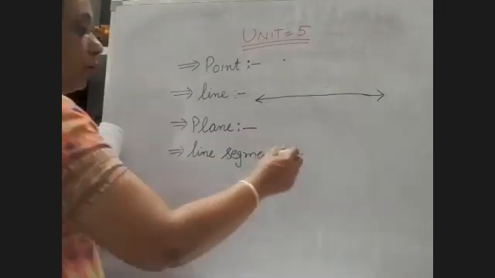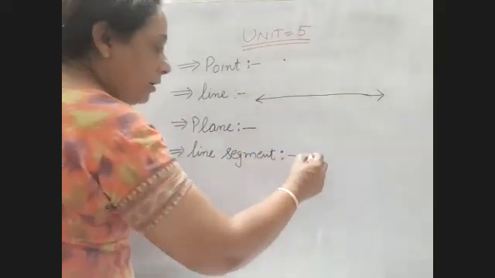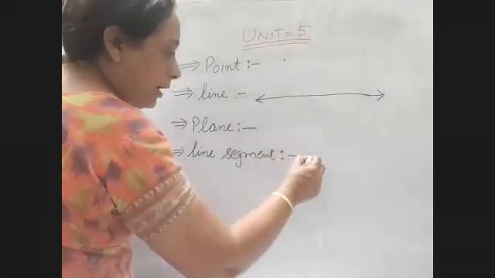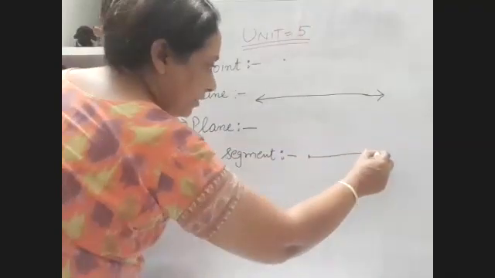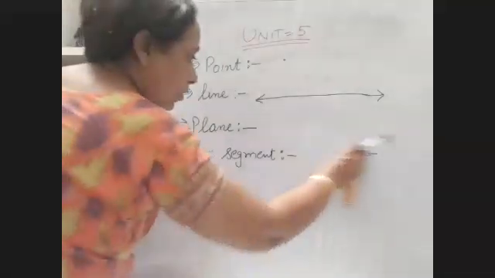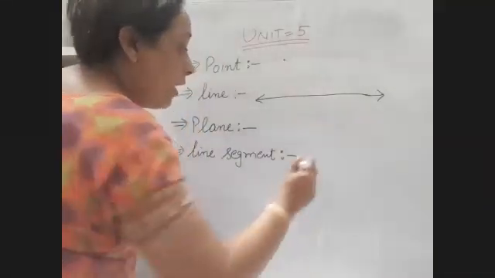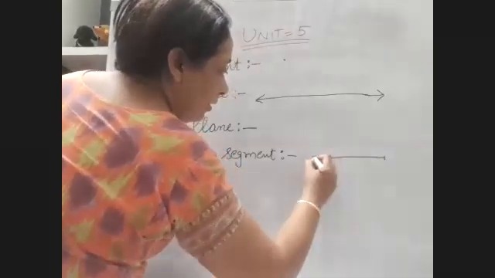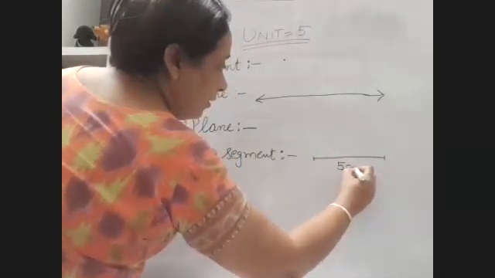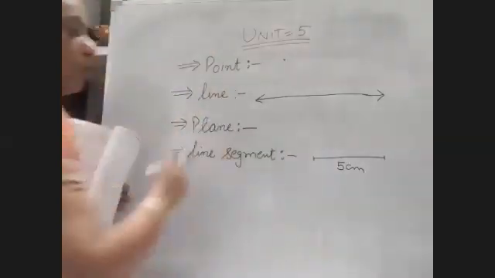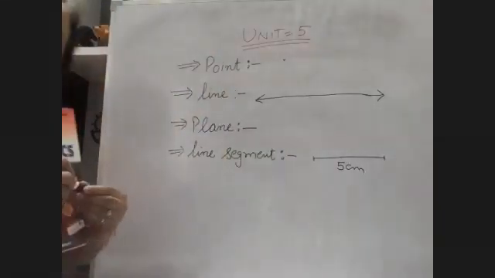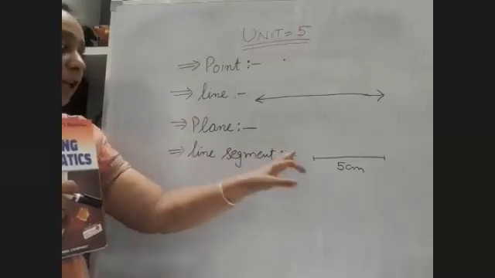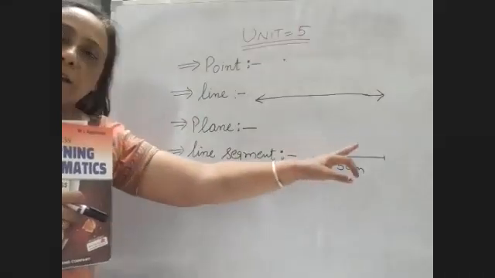If with the help of a scale we draw a line of length 5 centimeter, then this is known as a line segment. A line segment has an initial point and an end point.